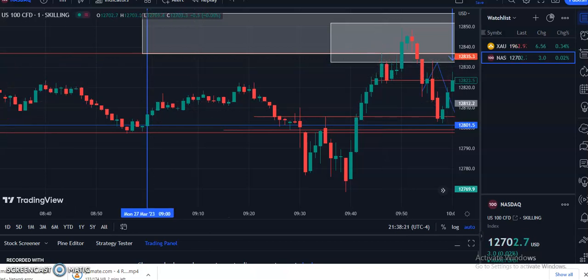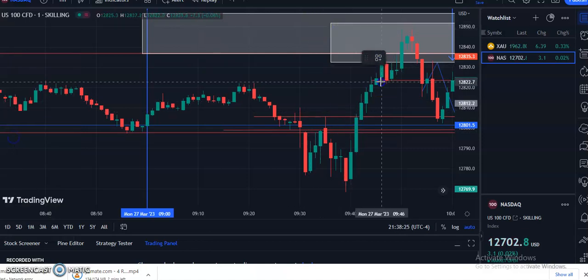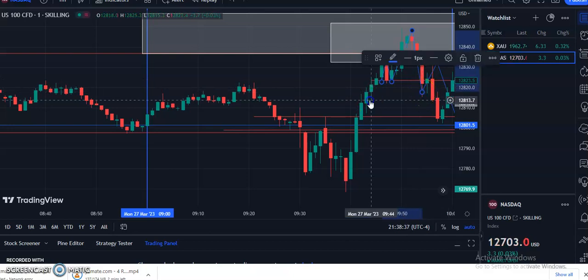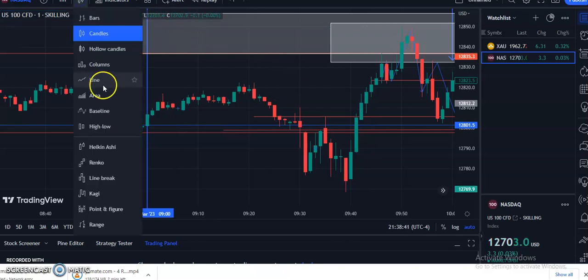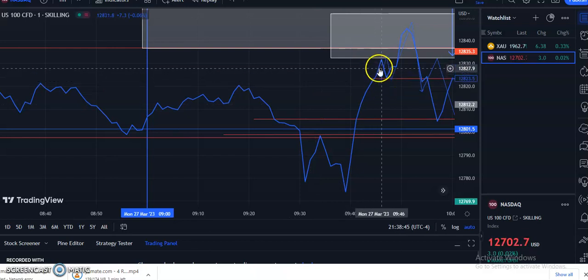For those who don't know the M pattern. So this is our M pattern, the market, and then breaks structure. So let me show you that in the line graph. So yeah, so our M pattern is here. This is the M pattern.